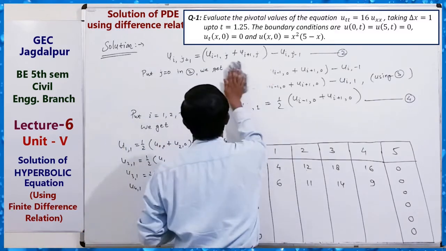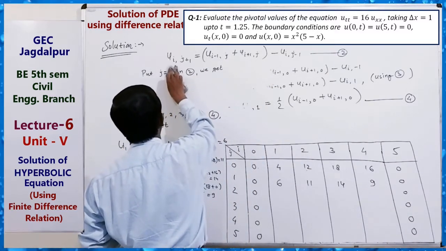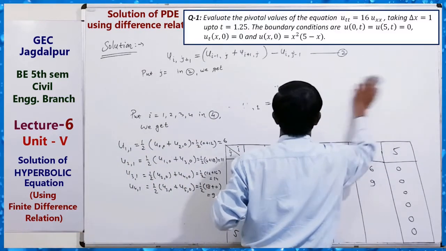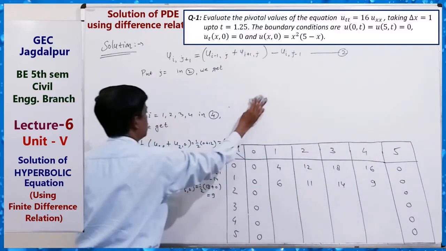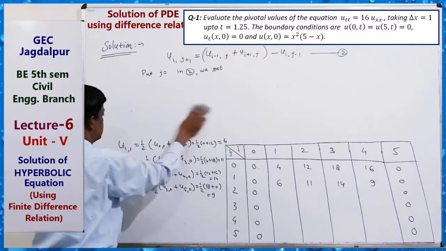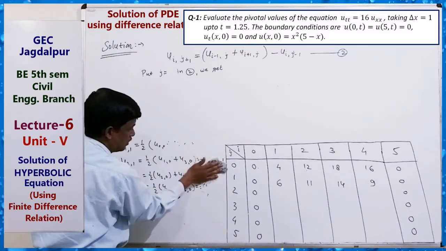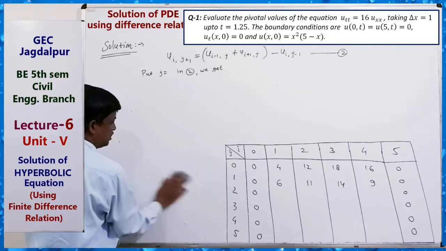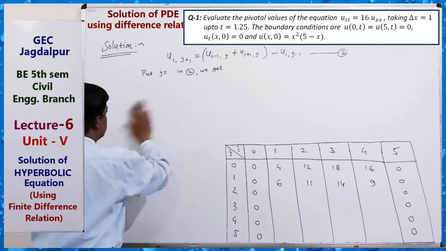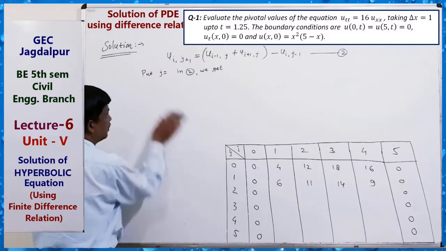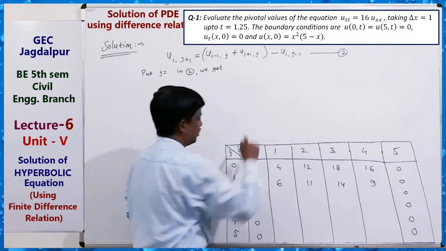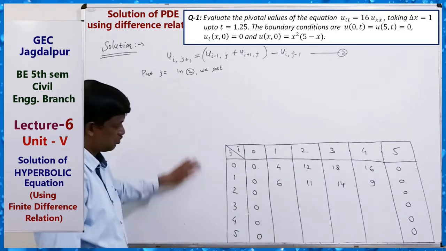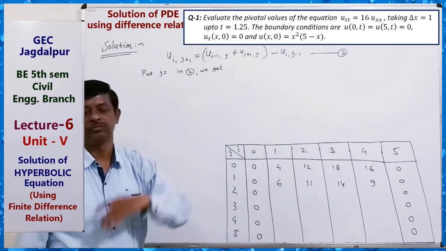Here for this stage, just one more stage, I will compute the value, and then you can get the values by similar processing up to the 5th level.